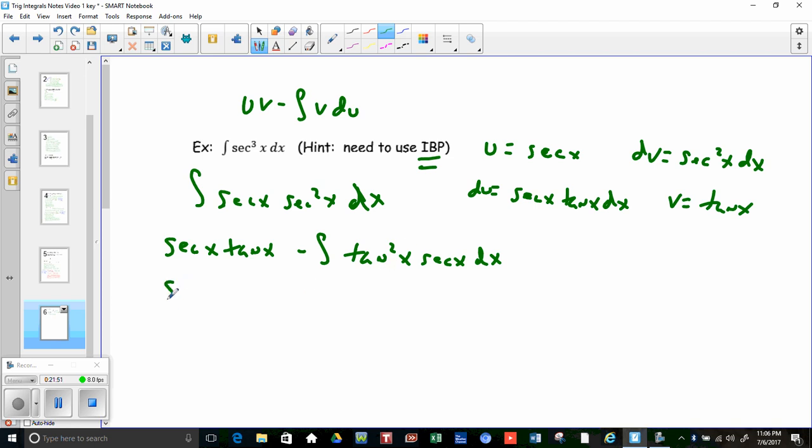So let's do that. So this will really be 1 minus secant squared x, secant x dx. Now we're going to distribute the secant x through here. This one's kind of a pain.